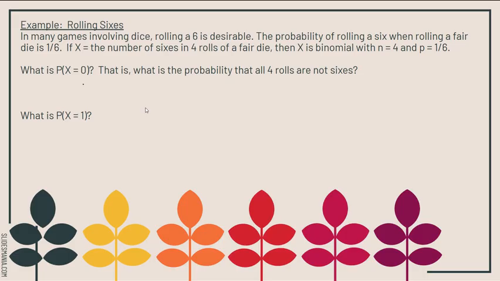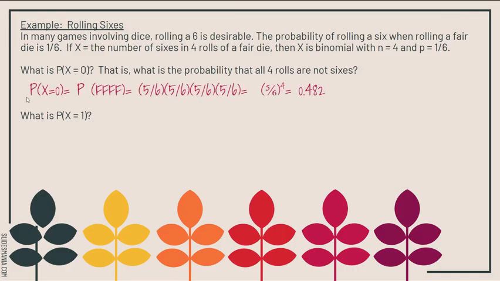What is the probability of X equals 0? That is, what is the probability that all 4 rolls are not 6s? So we're saying that the number of successes is 0. So that means the probability of X equals 0 is the probability of all failures, which, remember, failure is not a 6.